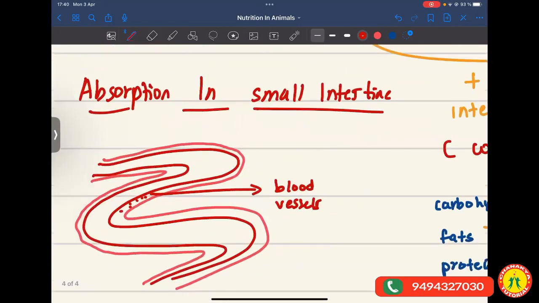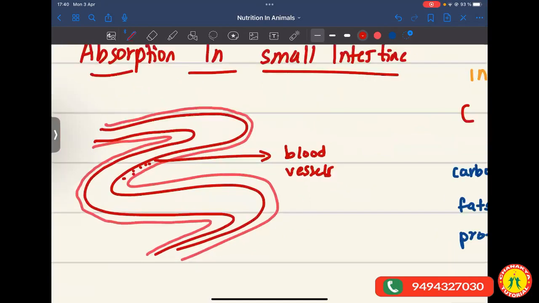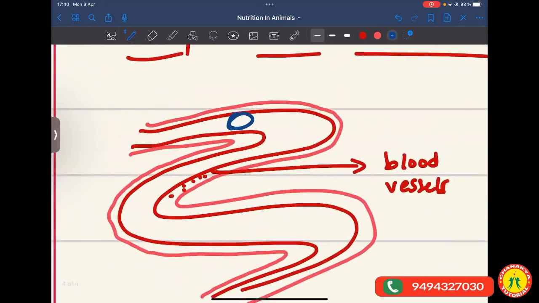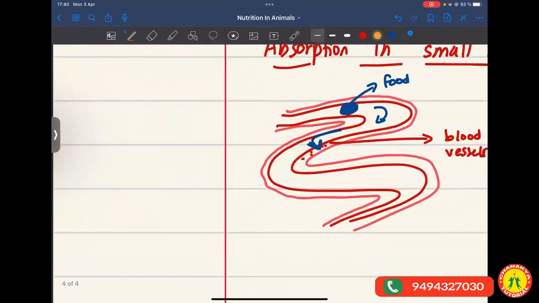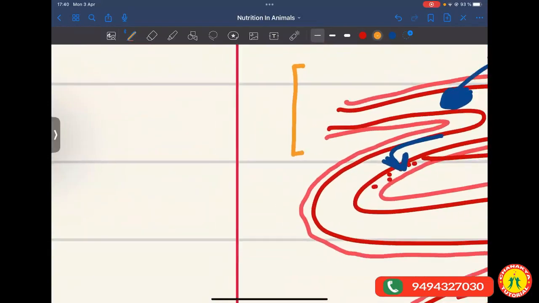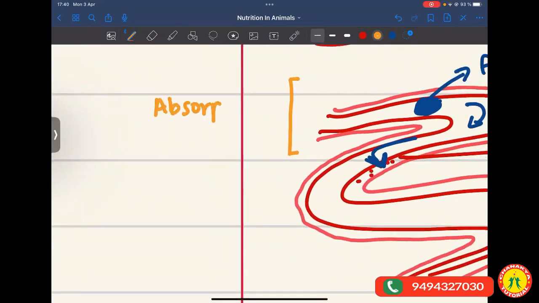So the food is now going into the blood vessel. This portion that I'm explaining right now, where your food is traveling into the blood vessel, is known as absorption.